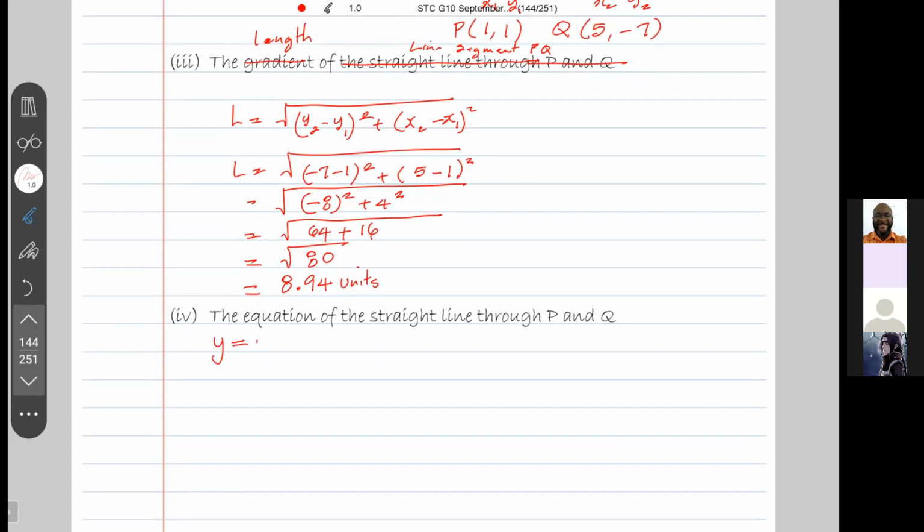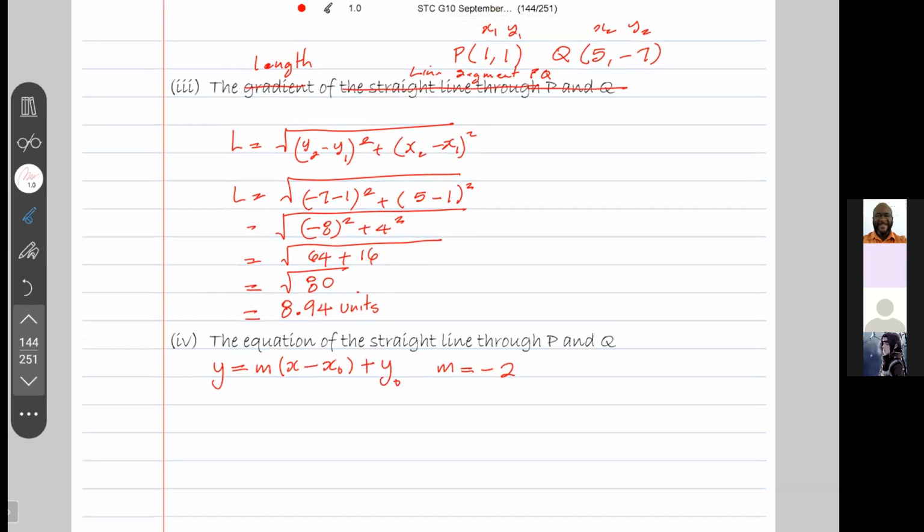Y is equal to m into x minus x naught plus y naught. M, the gradient, is minus 2. Now, the next input I need is the coordinates of any point on the line. These are the inputs for this formula.